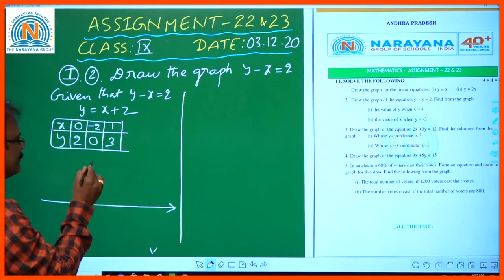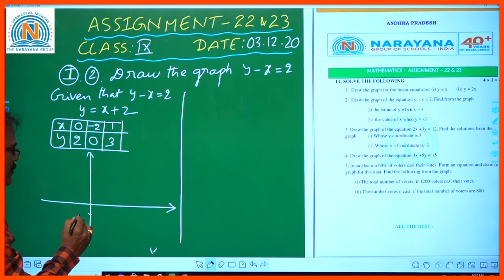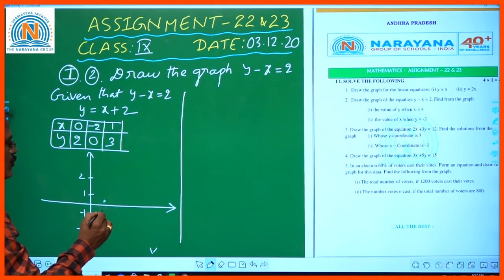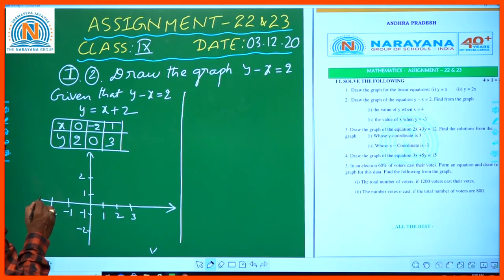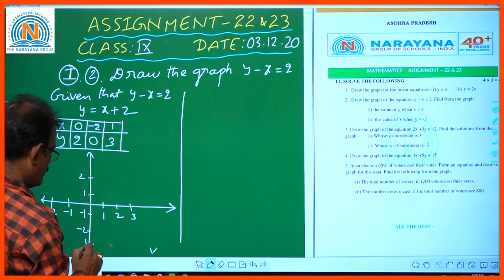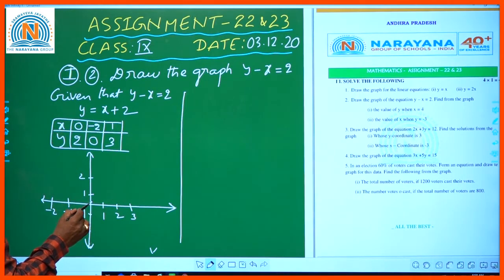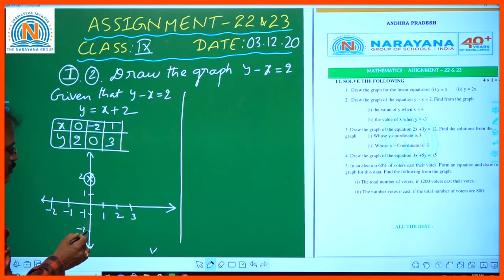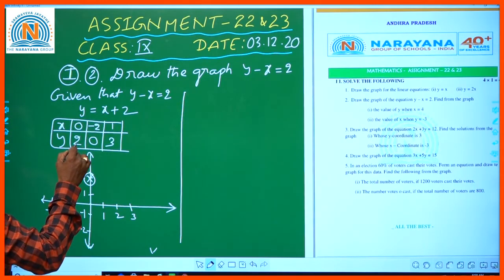Horizontal, vertical. So minus 1, minus 2, 1, 2, 3, minus 1, minus 2. Now when x is equal to 0, y value is 2 units, so you move upwards plus 2 units.